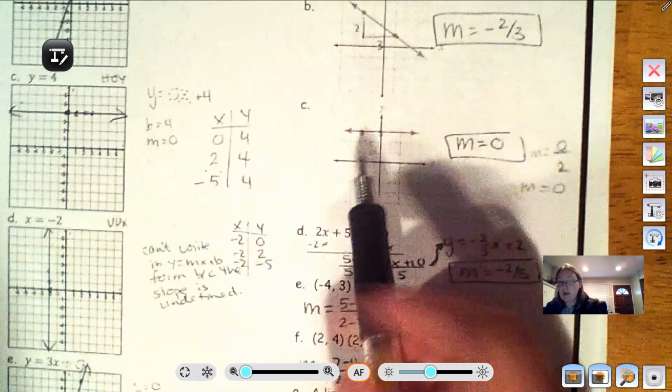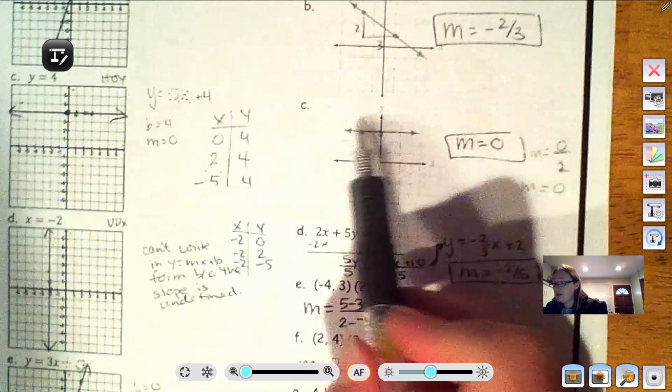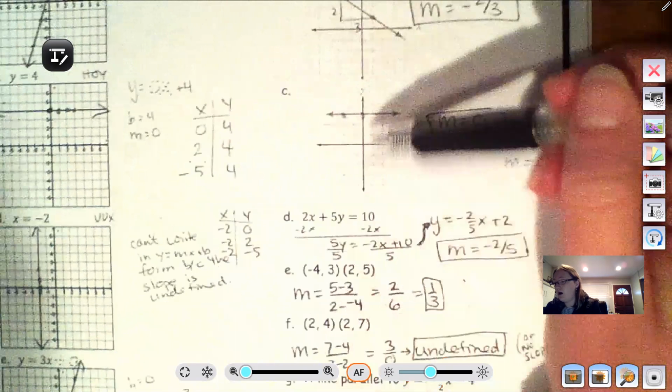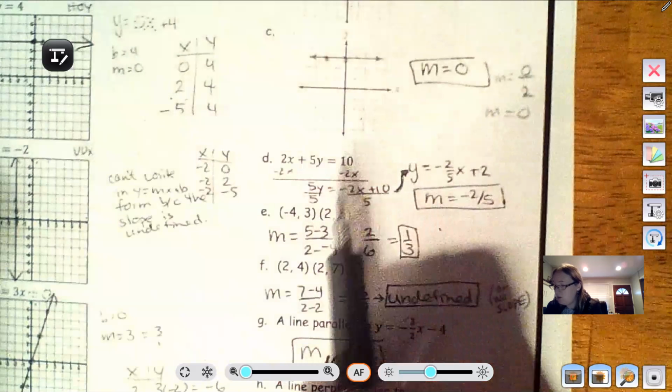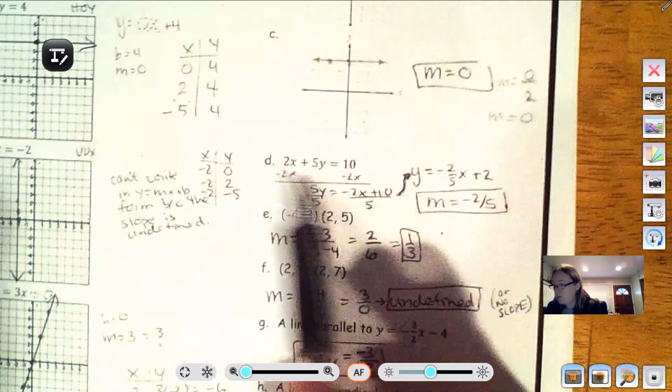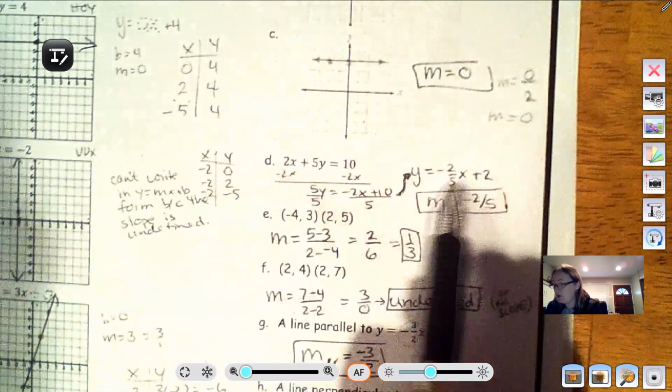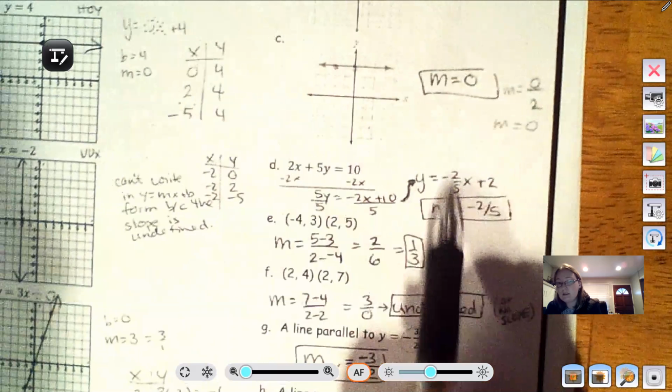You might have a special case where you have a slope of 0 or an undefined slope. Might be another option you might come across. You might have it in standard form and rewrite it into slope intercept so you can determine the slope.